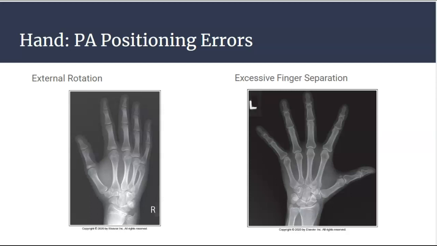Also, the metacarpals show unequal midshaft concavity and spacing. Typically, you're going to see external rotation rather than internal hand rotation, and that is because the thumb prevents that internal movement. In the next projection, you see excessive finger separation, and the reason why we deem this as a positioning error is because with that excessive finger separation, you're going to have to include a wider field of view.